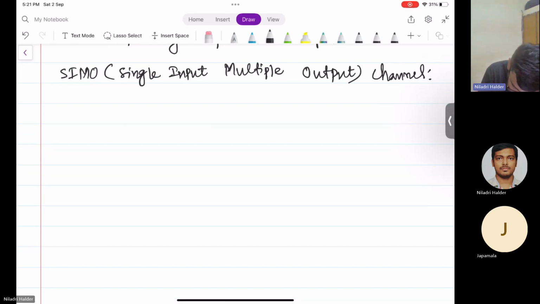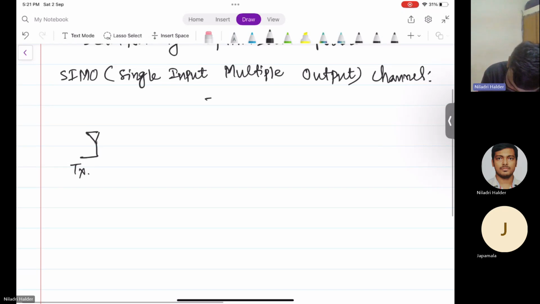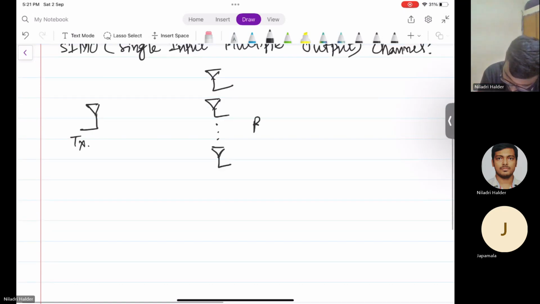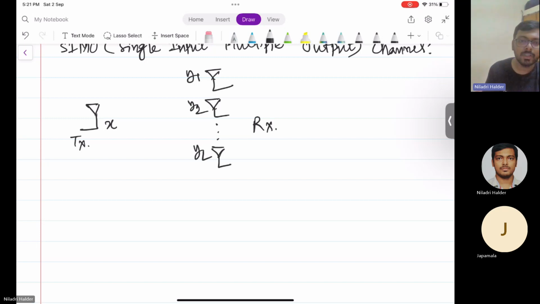Single input means one transmit antenna is there, and there are many antennas for the receiver. These are the receive antennas on the receiver side, and we are sending a signal X. There are L number of antennas, so we are observing L outputs at the receiver.